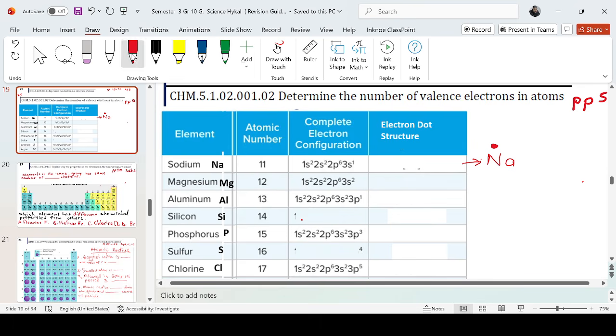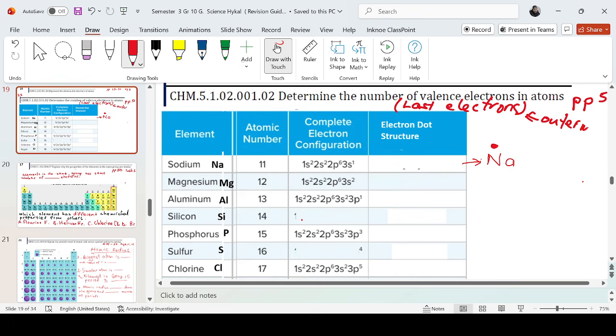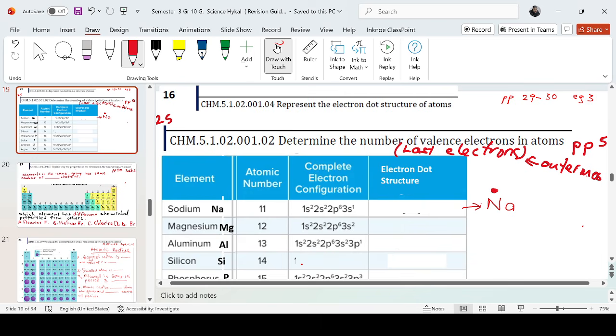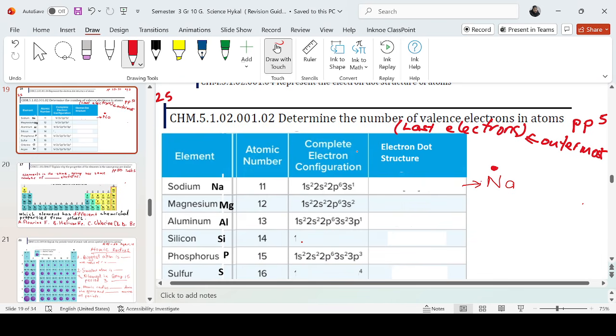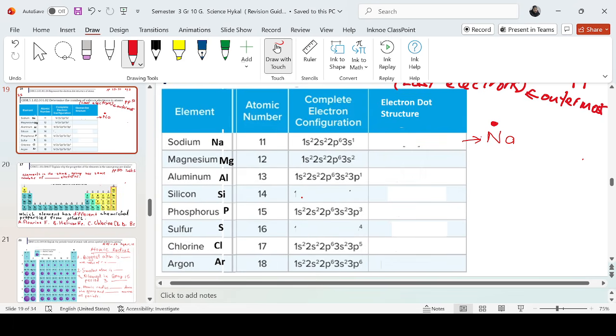Valence are the last electrons, I told you, or the outermost electrons. So let's go to this one. Okay.